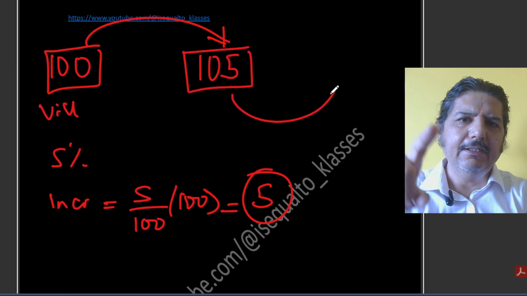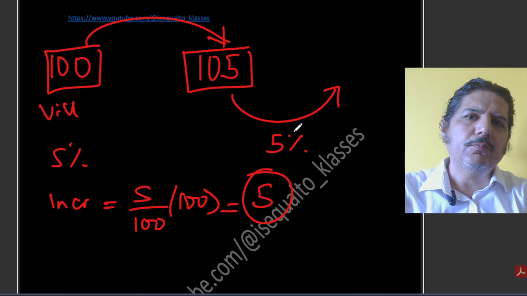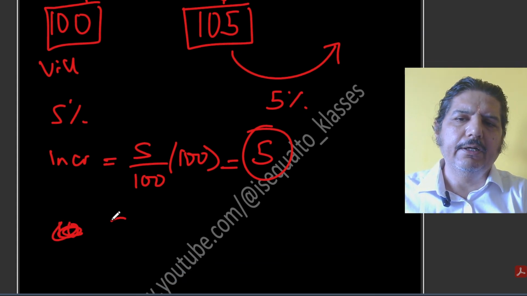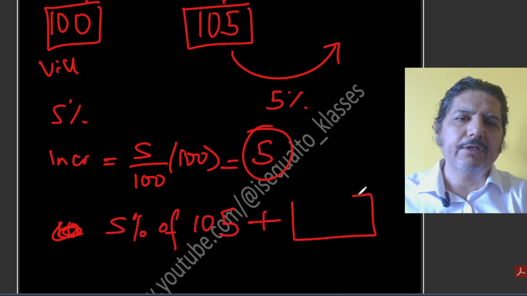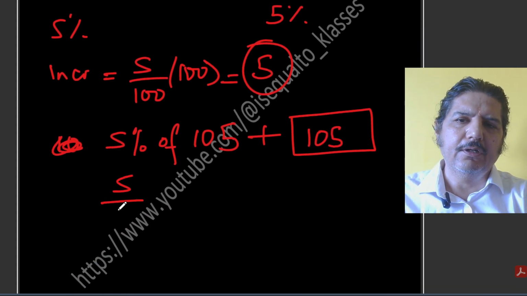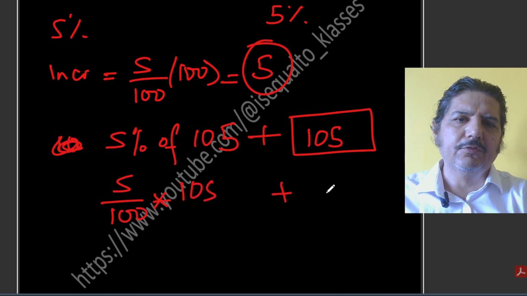Then again in the next year, the population will increase by 5%. So first we'll have to calculate 5% of 105. And then whatever be the answer, we'll have to add that to 105. So 5% of 105, how do I calculate? 5 upon 100 into 105 plus 105.